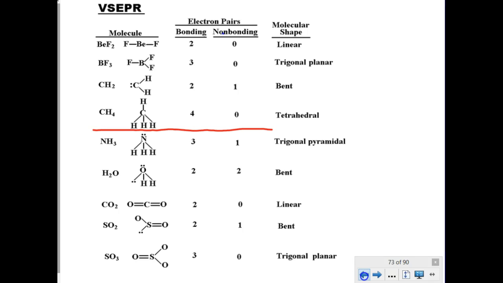The 3-dimensional shape of something with 4 bonding pairs and 0 lone pairs will be a tetrahedral. Carbon tetrachloride is going to look something like that.